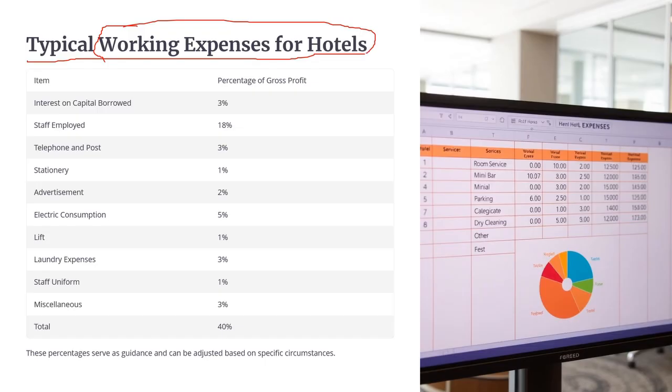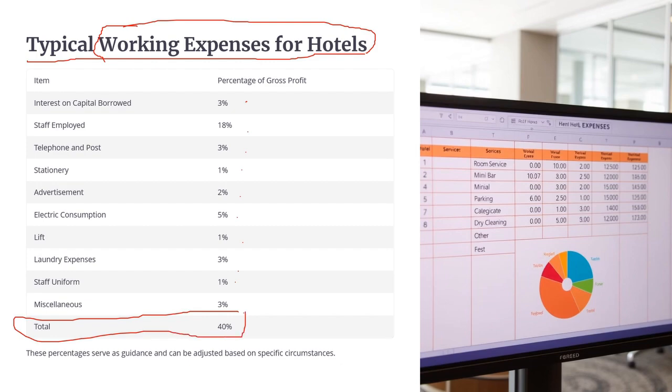For example, interest on capital borrowed 3%, staff employed 18%, telephone and post 3%, stationery 1%, advertisement 2%, electrical consumption 5%, lift 1%, laundry expenses 3%, staff uniform 1%, miscellaneous 3%, and total approximately 40%.